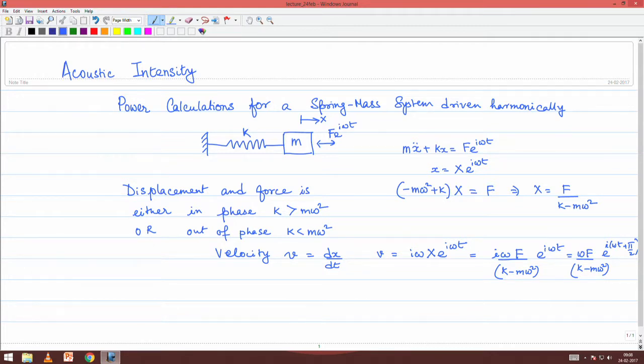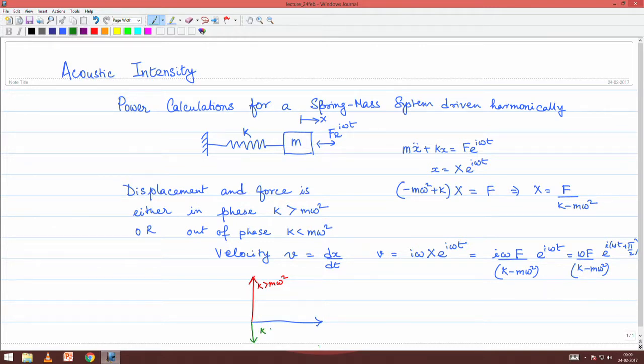So, what we have this time is that the velocity amplitude is omega F by k minus m omega square, but please note that now there is a phase difference between the force and the velocity, and the phase difference happens to be pi by 2. In other words, if the force vector starts from the horizontal position, the velocity vector will have a 90-degree lead if k is greater than m omega square, and if k is less than m omega square, then it will have a 90-degree lag.